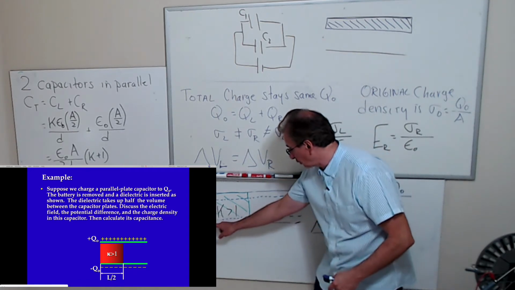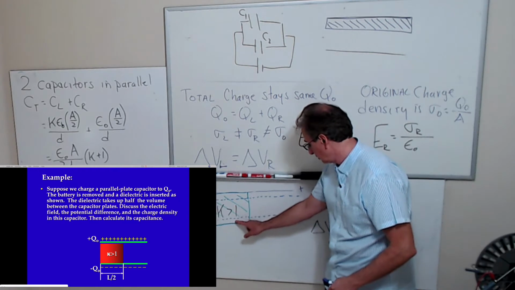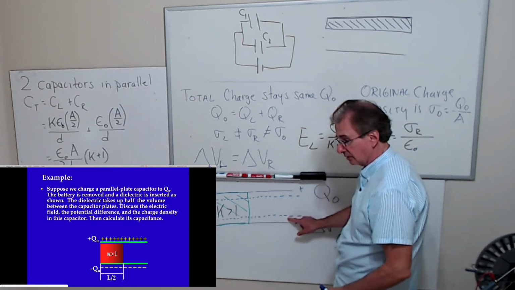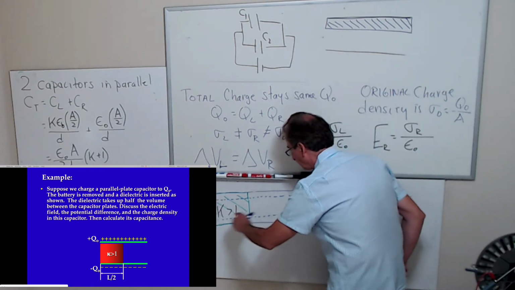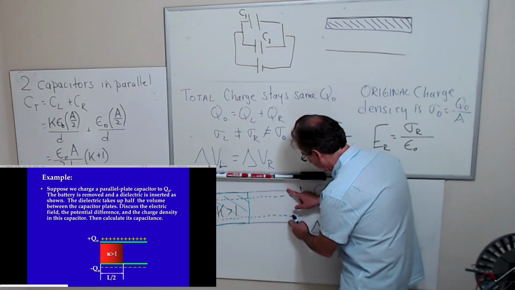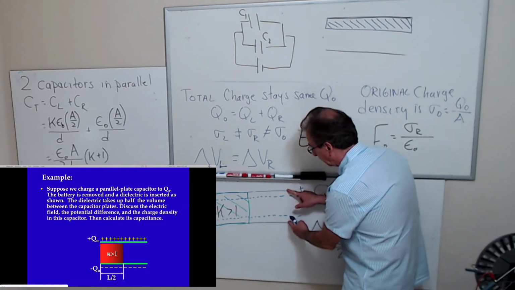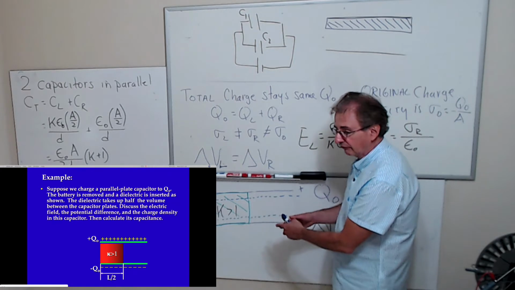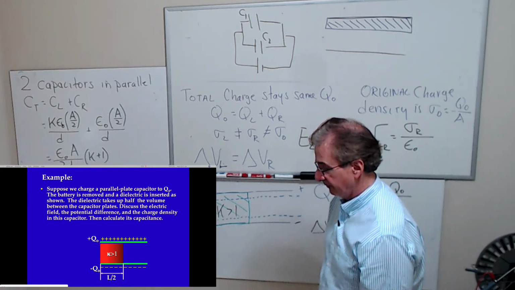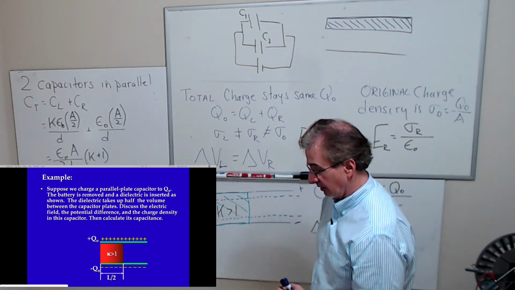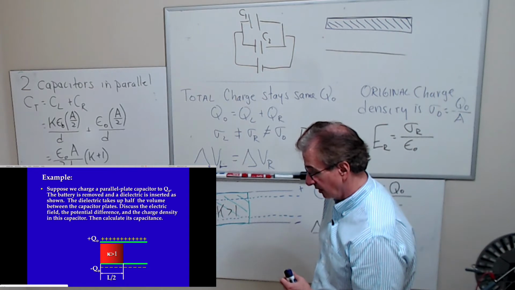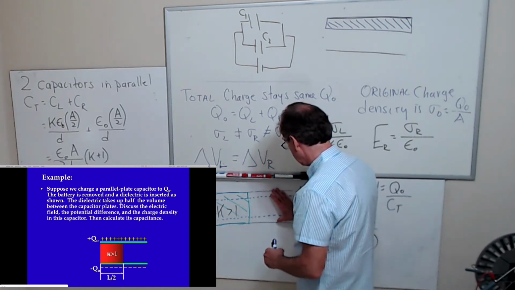If I choose another equal potential line down here, the V is the same all the way across. I got to do that from the top plate to the bottom plate. That means the delta V between the top and the bottom plate on the right-hand side and the delta V on the left-hand side have to be the same. So these potentials being equal to each other is in general, not for a specific situation.